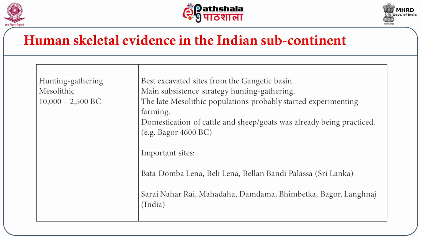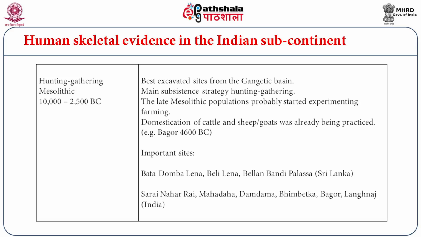The main subsistence strategy during this period was hunting gathering. The late Mesolithic population probably experimented with farming, and in addition to that, domestication of cattle and sheep goat was also practiced during this period. The evidence for this is found at Bahor in Rajasthan.